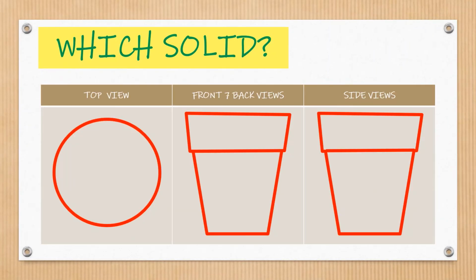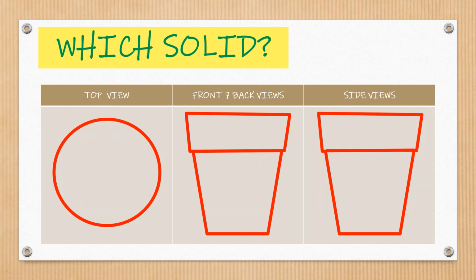Okay, Which Solid number 3? This one has a top view of a circle, and if you have a look at the front and side views, again, they're exactly the same. And they have 2 trapezia. So there's a longer, narrower trapezium on the top and a wider trapezium, or taller trapezium, on the bottom.